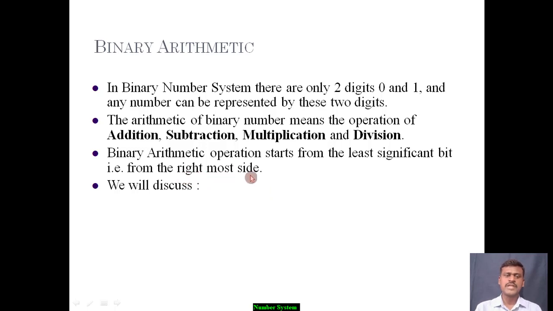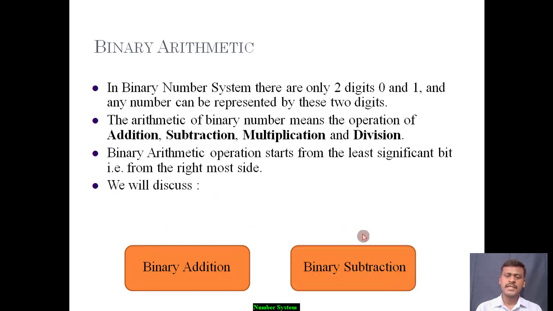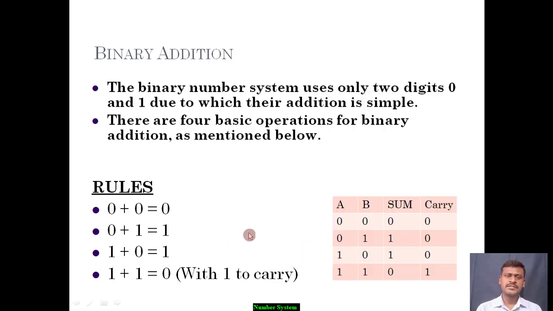You need to start adding, subtracting, multiplying or dividing from the right side of the bits. So in this session we are going to discuss binary addition and binary subtraction, right? So first we will go with the binary addition.